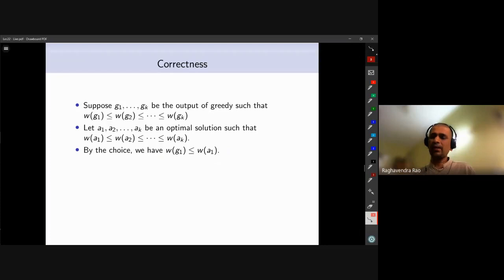Do you all agree with that? Otherwise, I would have chosen A1 as my first greedy choice, right? In the sorted order, A1 would have come before G1, so I would have chosen that as well, because A1 is independent. Because I know that A1 to AK is an optimal solution, hence this itself is an independent set. Any subset of it is an independent set, so A1 is an independent set, right?